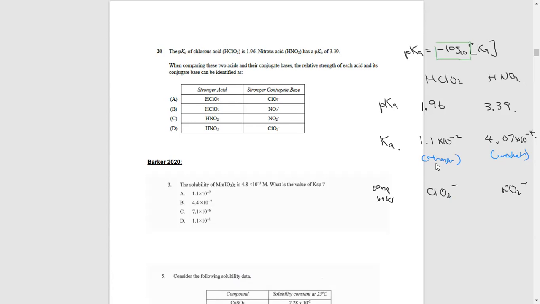Because this is a stronger acid, that means this is a weaker conjugate base. And this would be a stronger conjugate base. So with that in mind, we should be ready to pick our answer. So the stronger acid is HClO2, and the stronger conjugate base is going to be NO2 minus, being B.